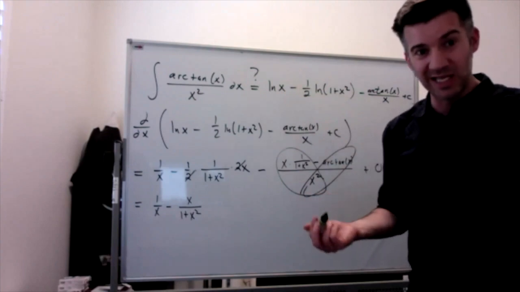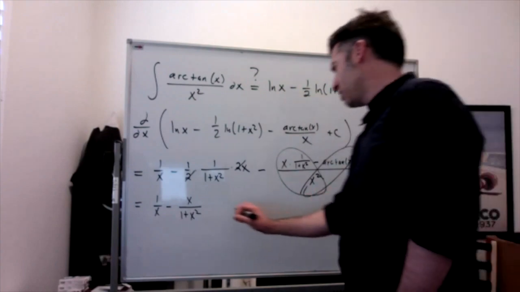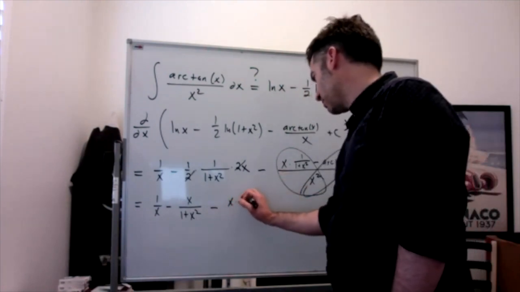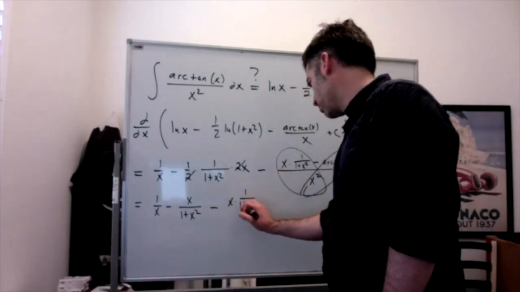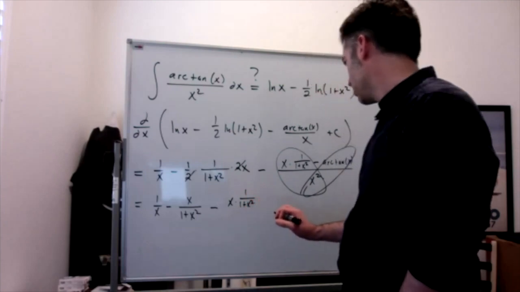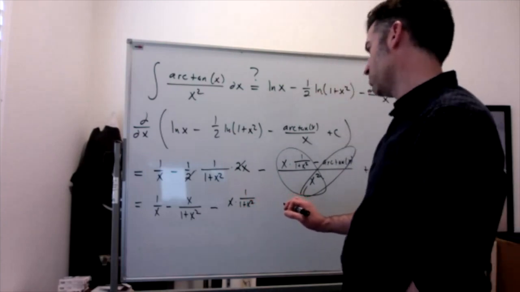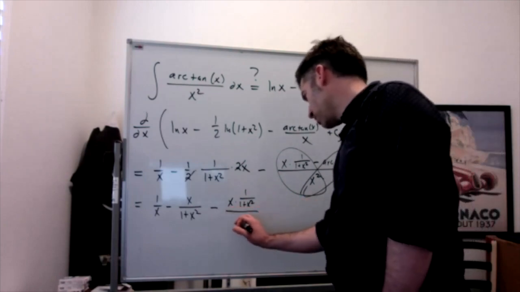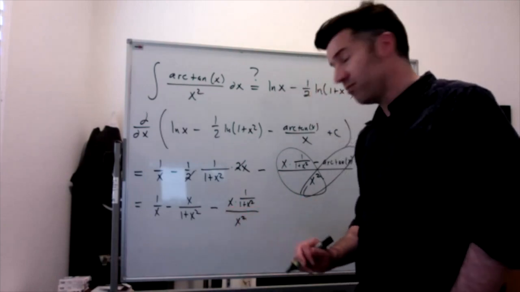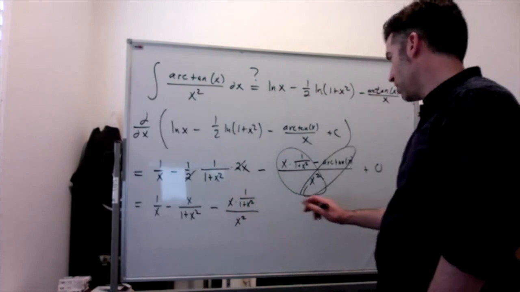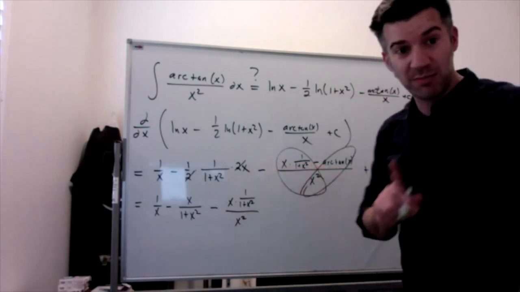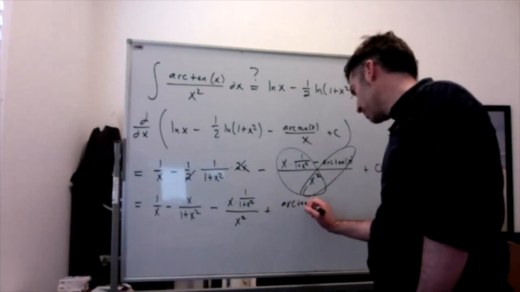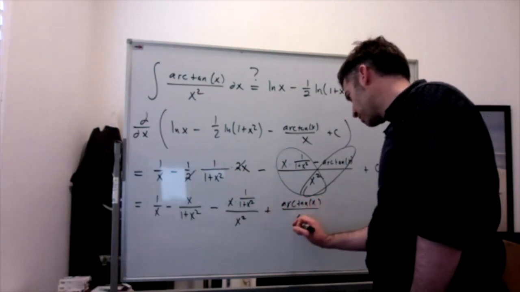So I probably need those to separate out anyway. So here's what I've got. I've got minus x times 1 over 1 plus x squared, over x squared, that's kind of terrible. And then minus a minus is plus arc tangent of x over x squared.